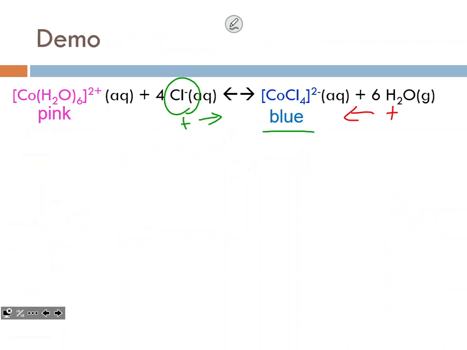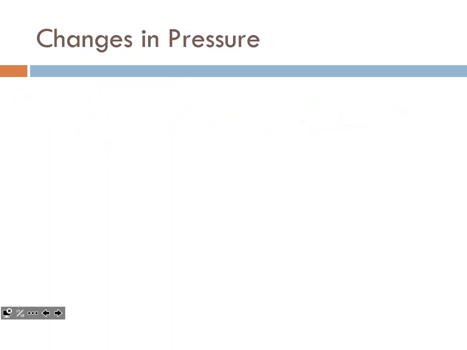But when we heated it, it turned blue. That meant that by adding the heat, this must have been an endothermic reaction, so it proceeded to turn blue. When we cooled it down to remove the heat, putting it in the ice bath, it turned a lighter pink. So, basic things there.